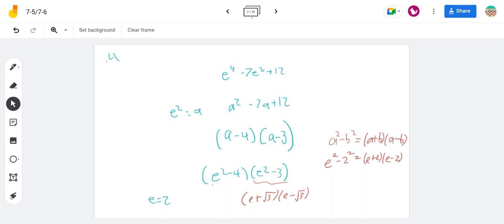We should not include this one as your homework problem does not include this type. So maybe we just ignore this one. We just factor e square minus 4 into e plus 2 times e minus 2. Then I guess we are done.